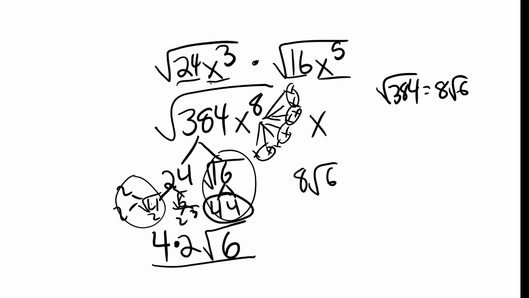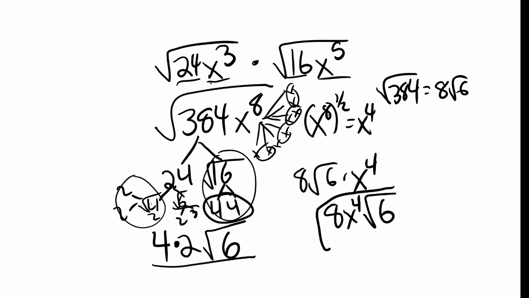Or I could do x to the 8th to the 1/2 and multiply 8 by 1/2 and get x to the 4th. Either way, I get x to the 4th, which means I get 8x to the fourth on the outside of the parenthesis and a square root of 6 on the inside of the parenthesis as my final answer. So this problem was heavily involved. There are a lot of steps when you have complicated messes like this.